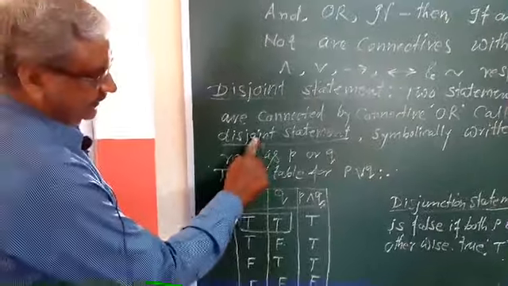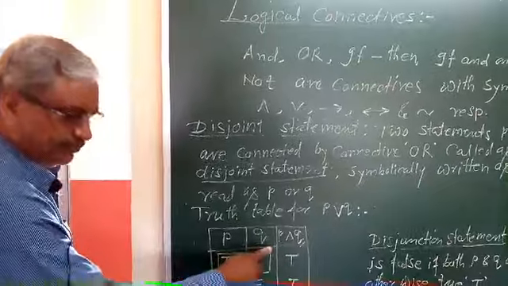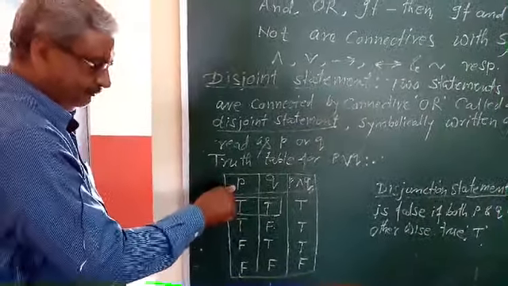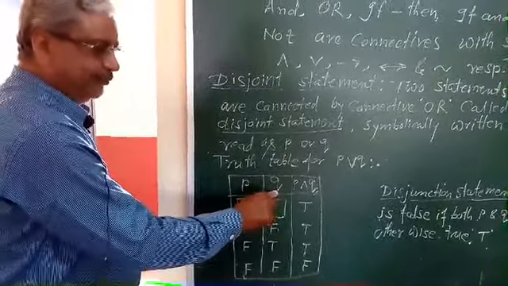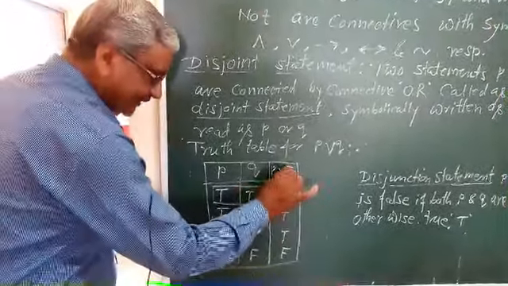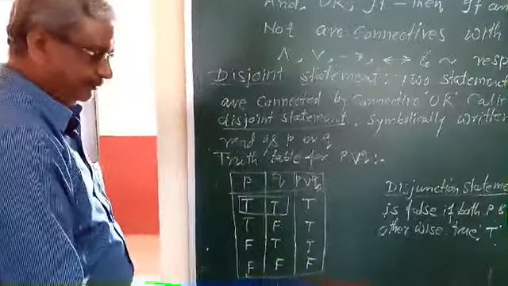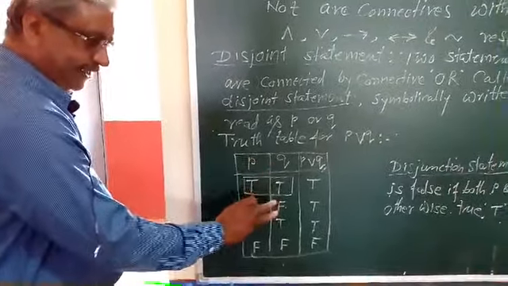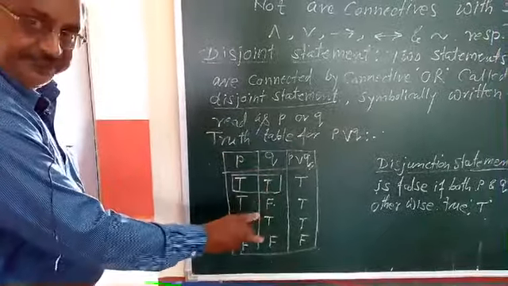So here we follow the disjunction statement in terms of the truth table. The parent statements we always denote by P and Q, and the disjunction statement we have just seen is denoted by P or Q. The corresponding truth values, that is in terms of T and F, we put here for the statements P and Q respectively.